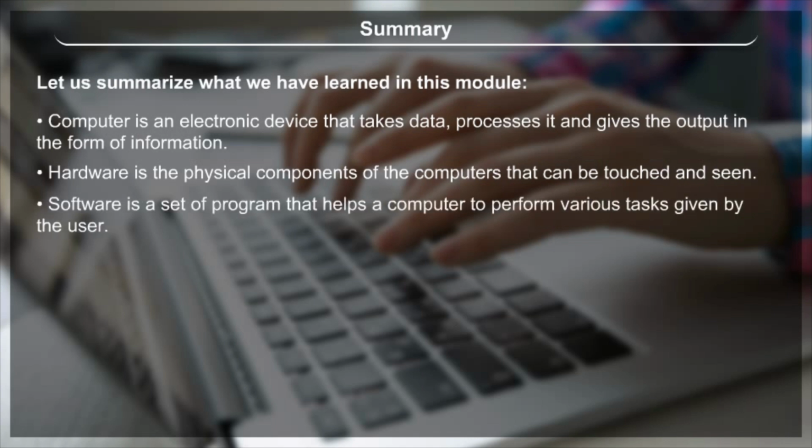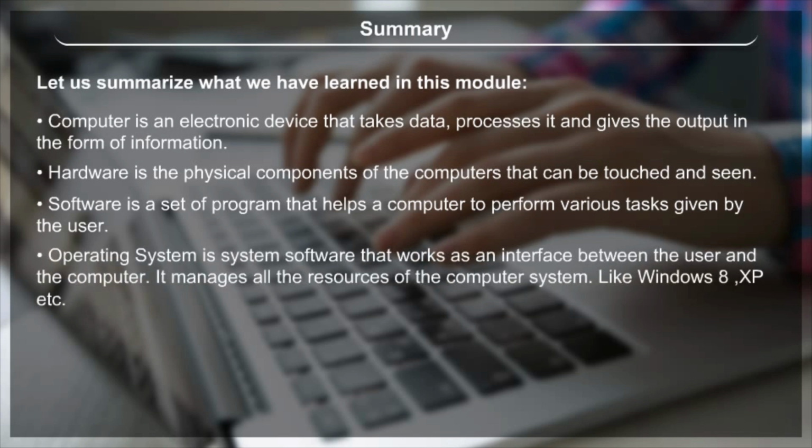Software is a set of programs that helps a computer to perform various tasks given by the user. Operating system is system software that works as an interface between the user and the computer. It manages all the resources of the computer system, like Windows 8, XP, etc.